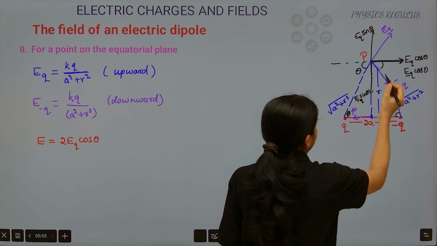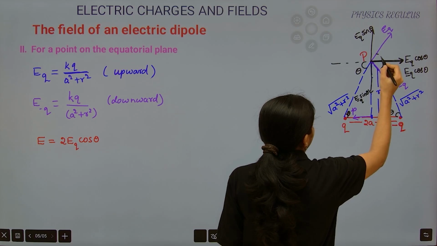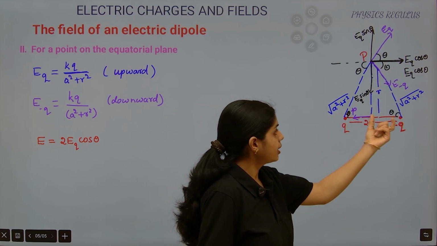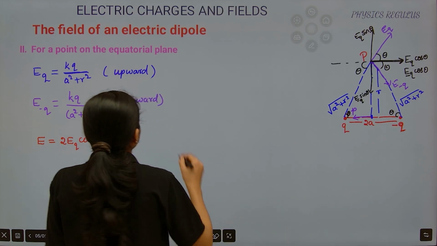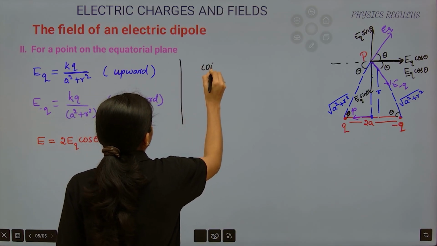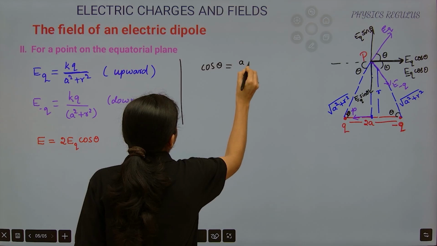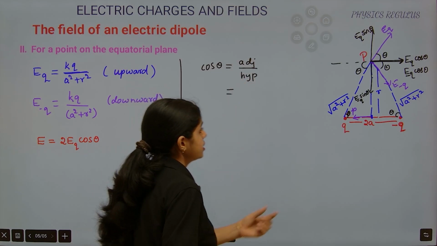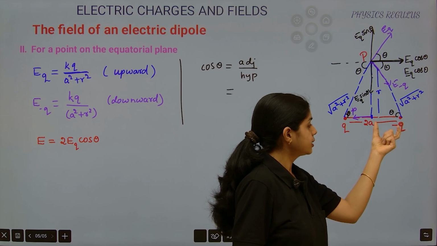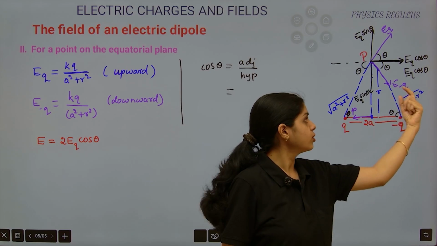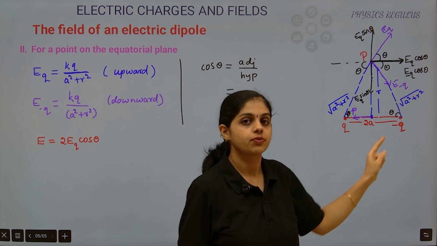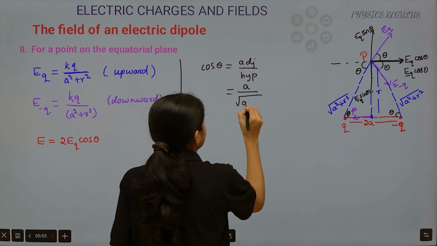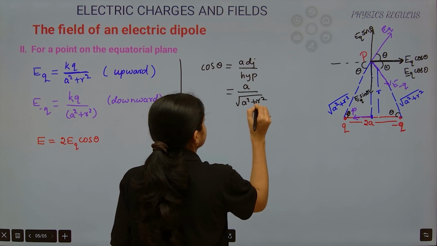This one is also alternate angle theta and vertically opposite angle theta. You can consider any right angle triangle. You will get cos theta, which is given by adjacent by hypotenuse. Here adjacent side, if you consider theta, is a and hypotenuse is root of a square plus r square. Adjacent side a by root of a square plus r square.